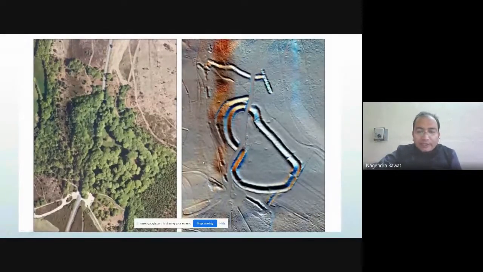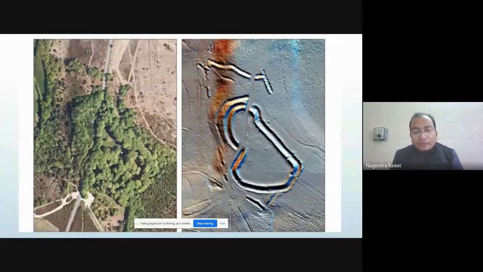And after confirmation of the site in your lab, because before modern technology arose, we generally did archaeology in the field, and then came to the lab and processed the data.